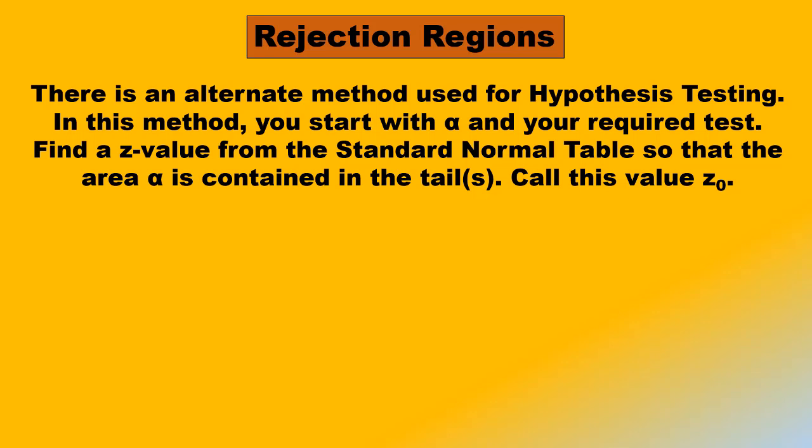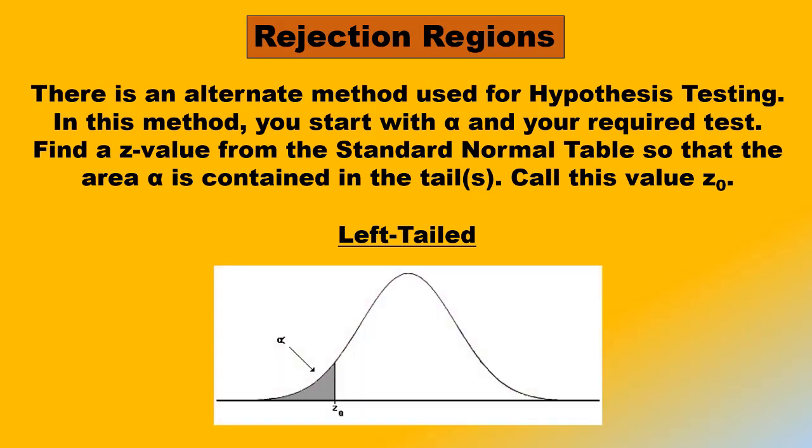Then you're going to find a z-value from the standard normal table so that the area of alpha is contained in the tail. So instead of finding the p-value in the tail, we're going to find a tail or two tails whose area is alpha. And we're going to call that value z0. So for a left-tailed test, this is what it would look like. Our z0 would have our left tail, and then the area in that tail would be alpha.